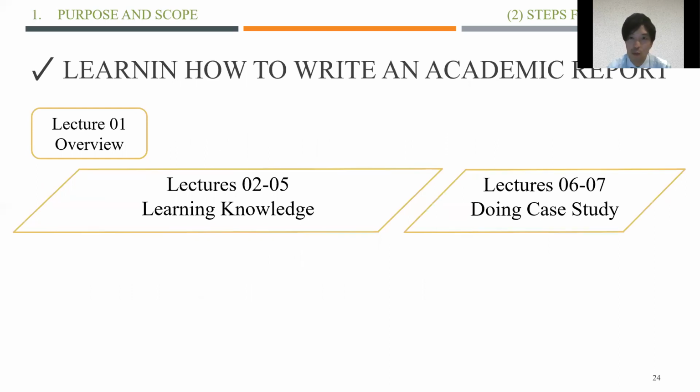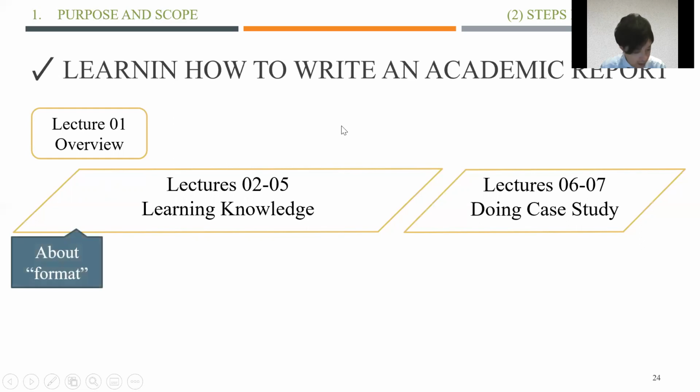We will learn how to write an academic report in our course. This should be a very important and very useful part of our course. So every lecture, we will have some explanation about writing methods. In lecture 2, we will look at the format of the report.